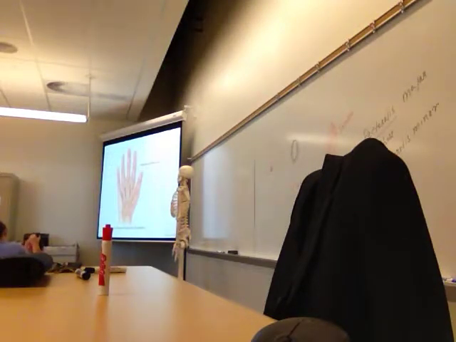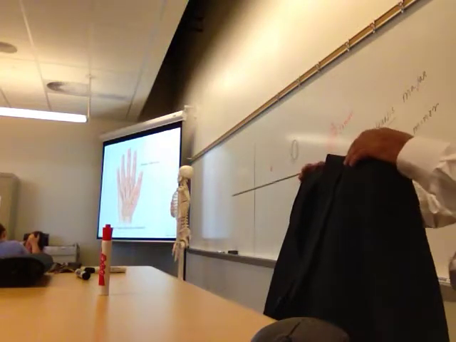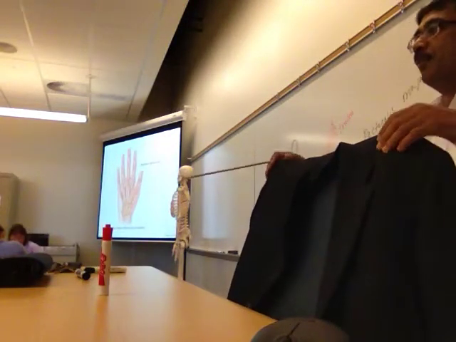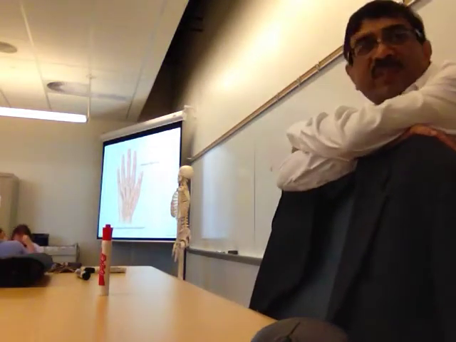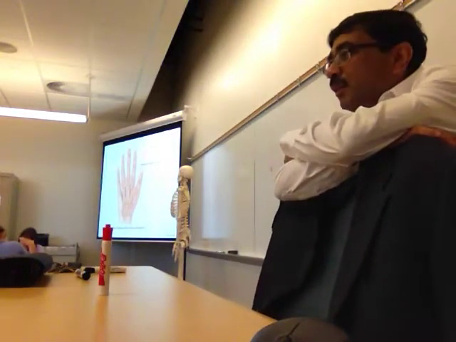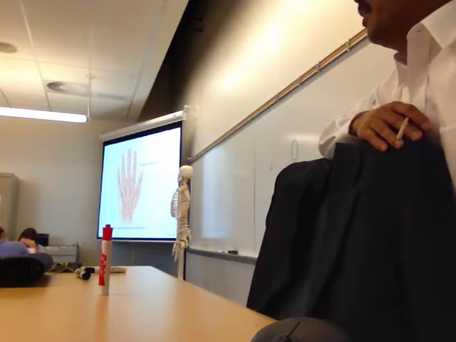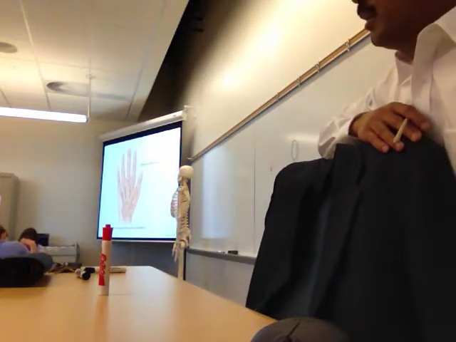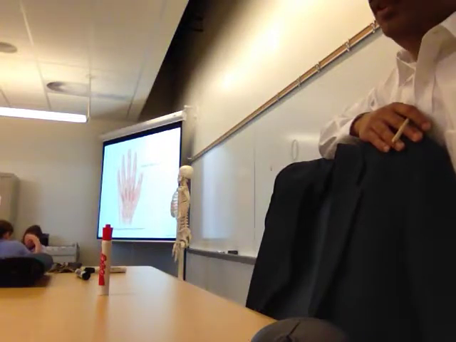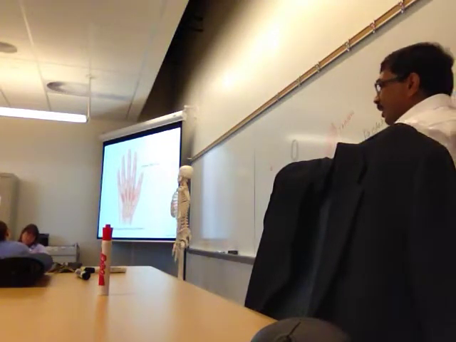Muscles of the hand. You have two sets of muscles in the hand. Hand means in your palm area, you have two sets of muscles. Those are called interossei muscles. Palmar interossei and dorsal interossei.